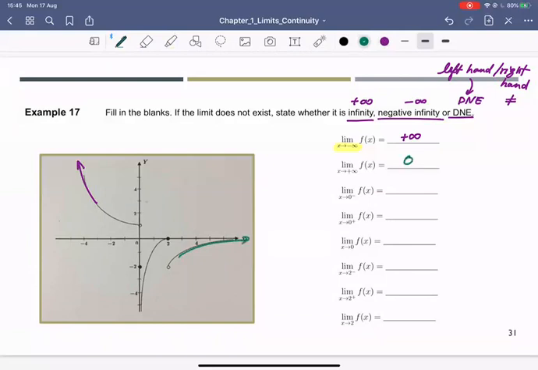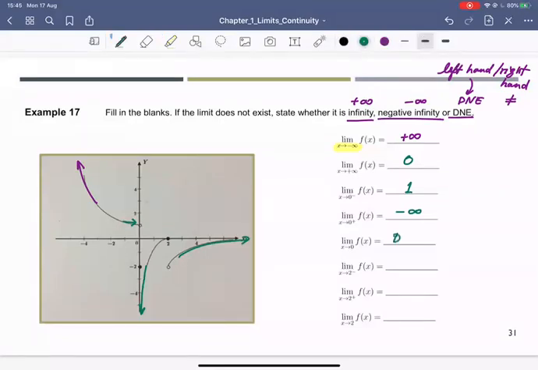Just looking at the graph, the limit when x goes to 0 from the left is 1. The limit when x goes to 0 from the right, what is that? Negative infinity. Answer in your mind and then check if it matches my answer. So for the limit when x goes to 0, on the left hand side I have 1, on the right hand side I have negative infinity.